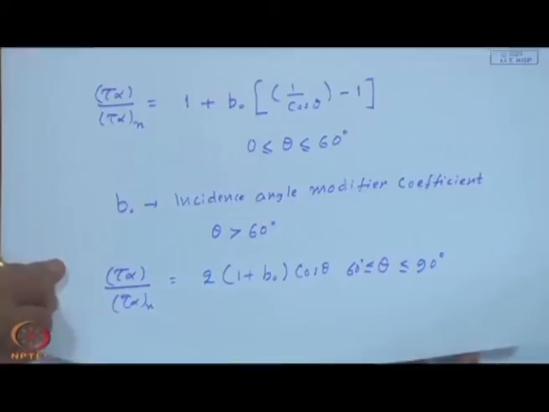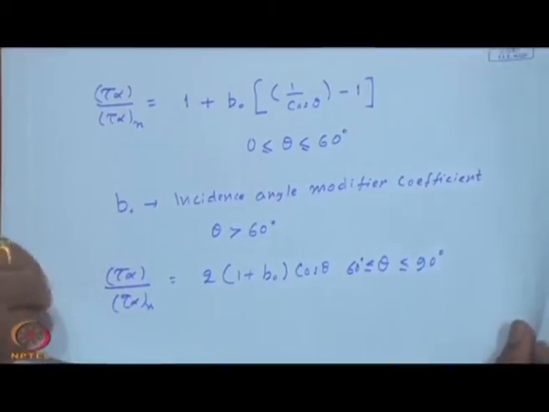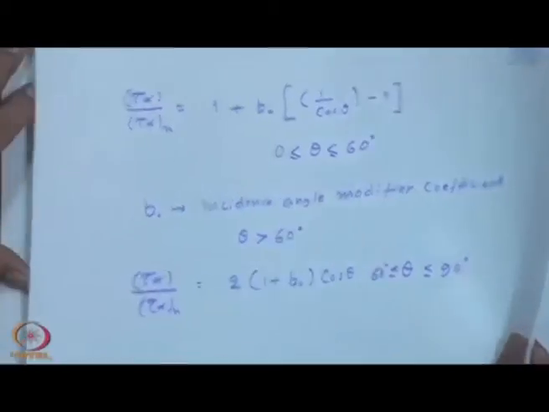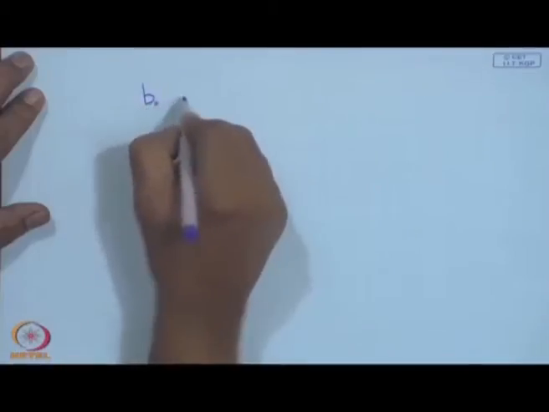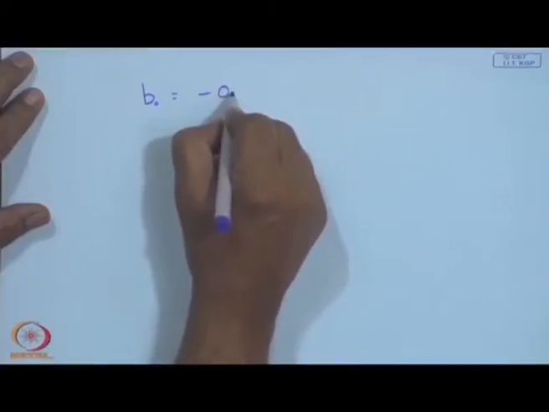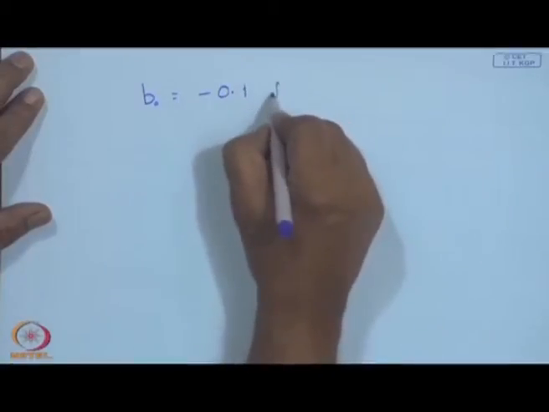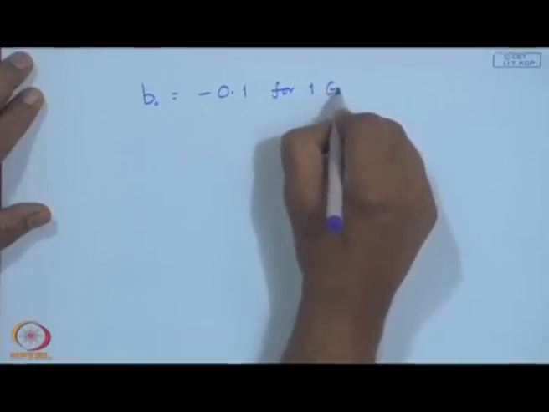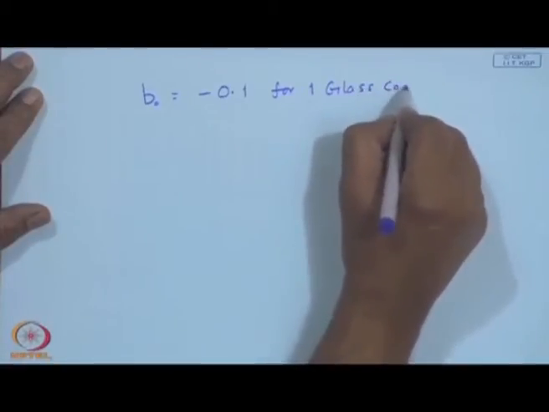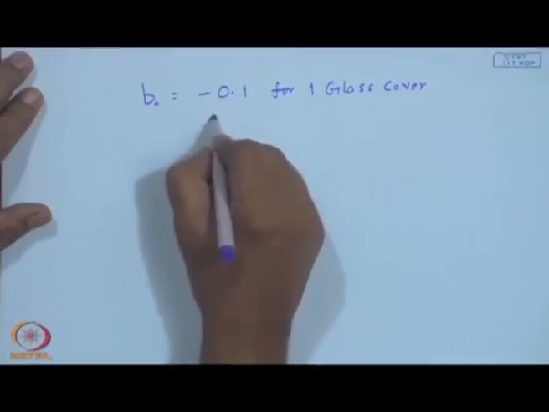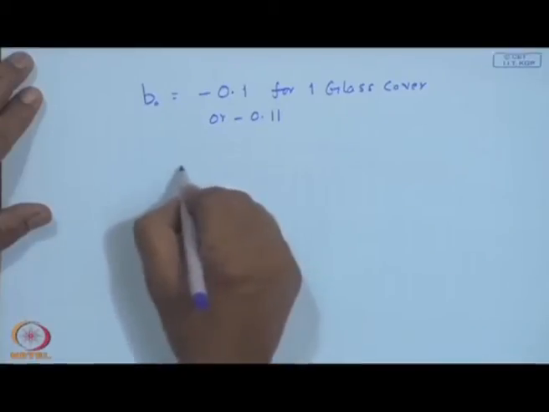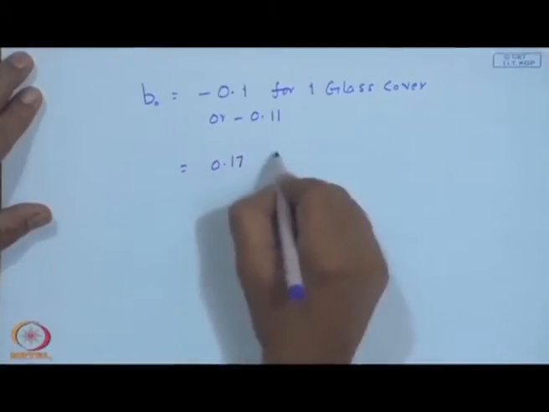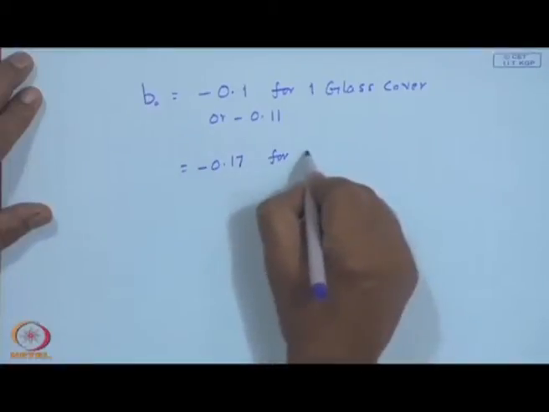So, it follows the line between 60 and 90, very close to the data values. And the typical values for b_0 are minus 0.1 for one glass cover, or minus 0.11 at times, and 0.17 for two glass covers.